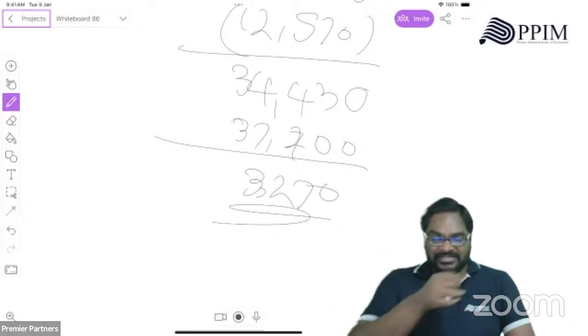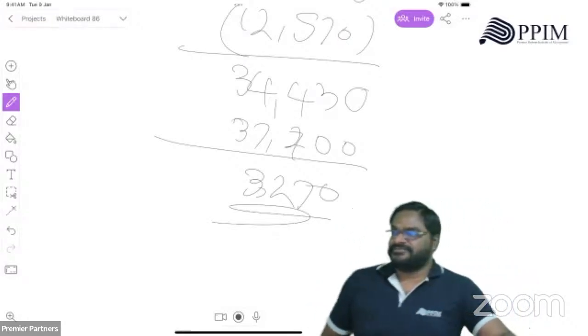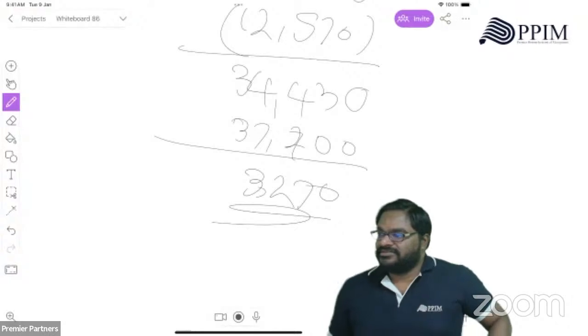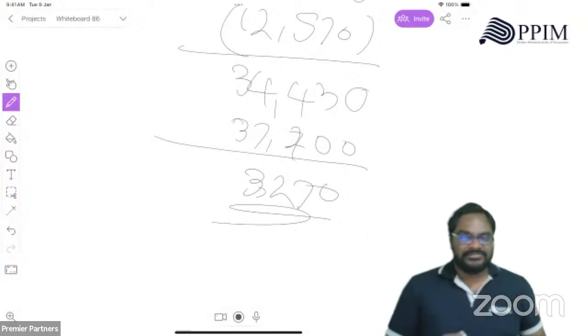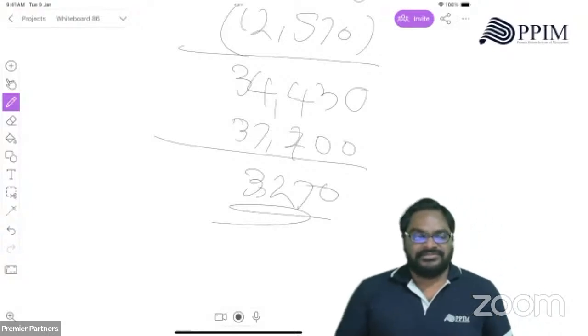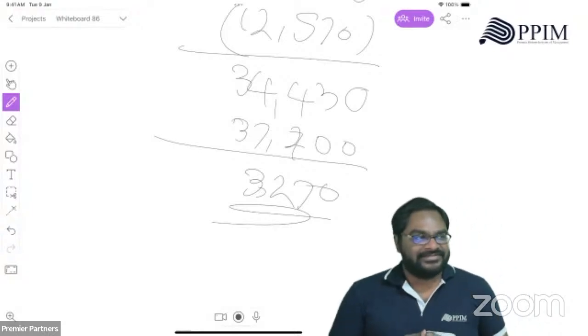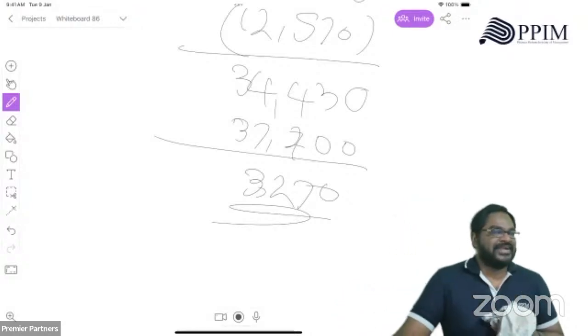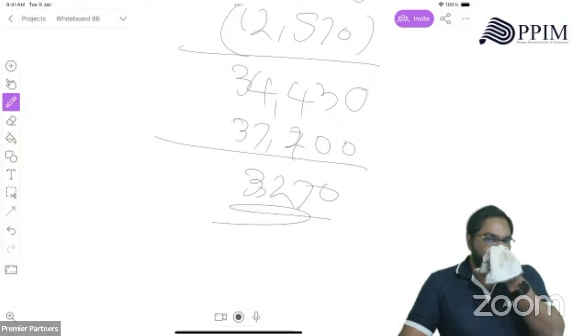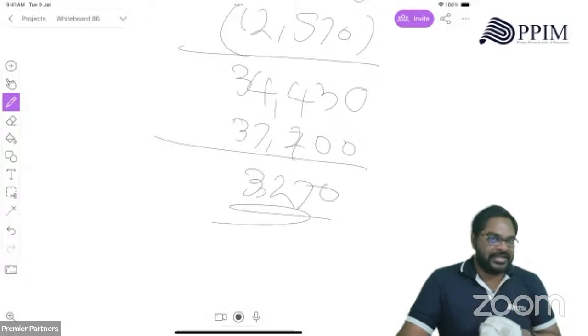Okay, so up to 3,270, what can you do? You can charge the lower rate for that. What are the CGT rates first of all? 19 and 25.